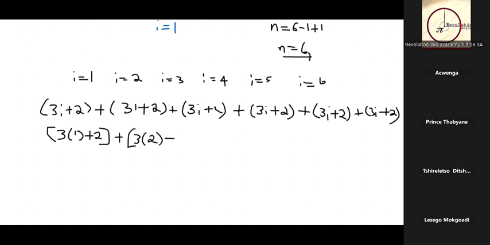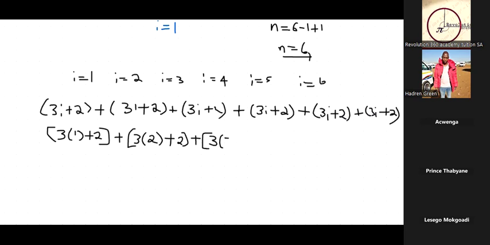And then you say brace plus, you put the brace, that will be 3, open bracket, in place of i, I'm going to put 3, then plus 2. Then say plus. You put the brace, you say 3 into 4.